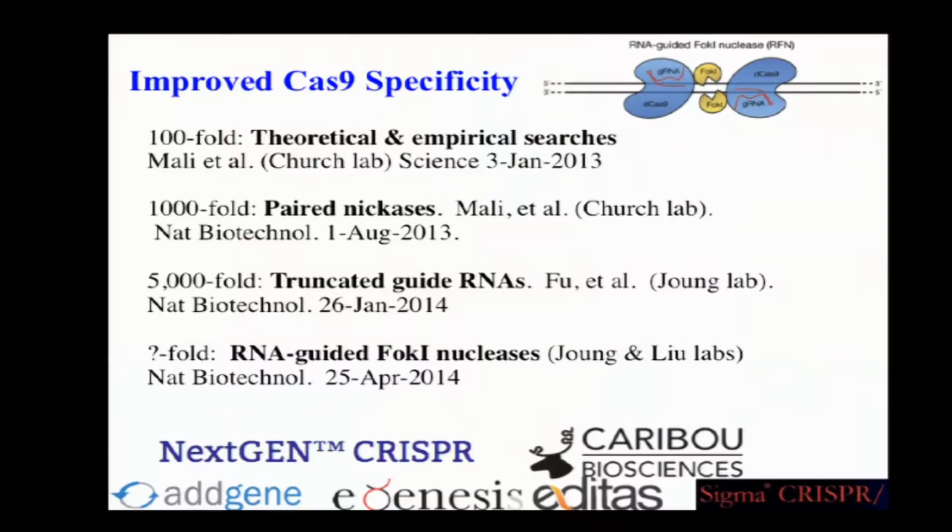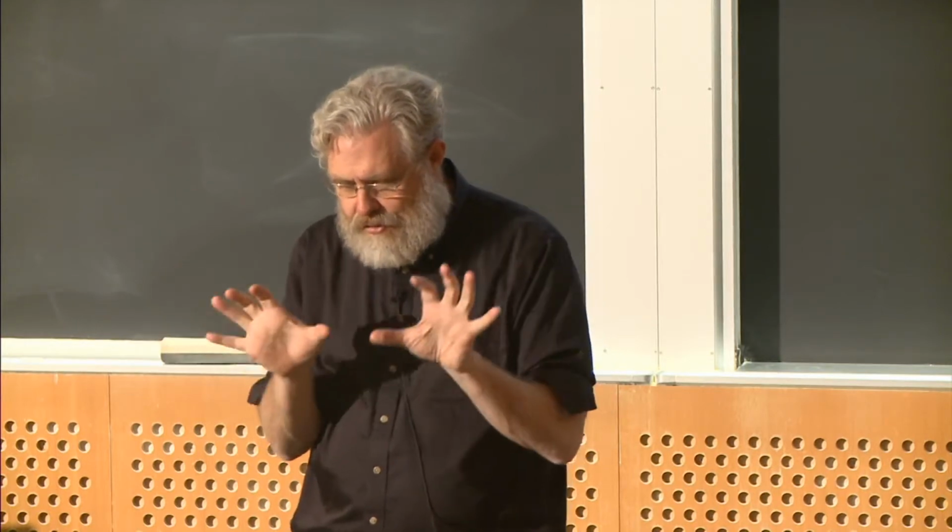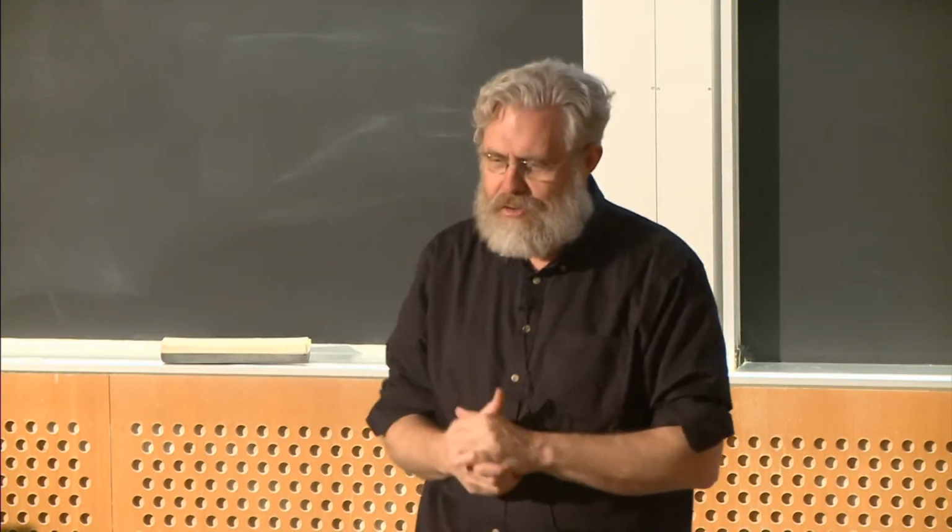And then finally, and this just came out, this is from Keith Young and David Liu's lab, where you get rid of the beautiful double-strand break capacity. You can turn it into a nickase, or you can make it completely non-functional as a nuclease, and then add nuclease domains back.